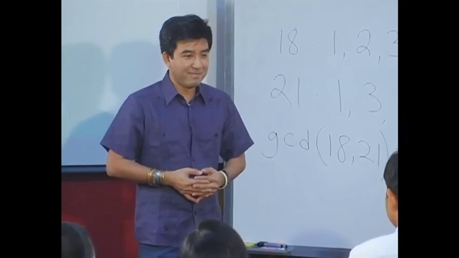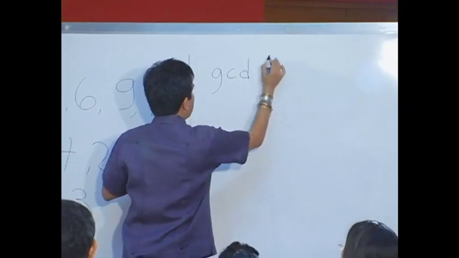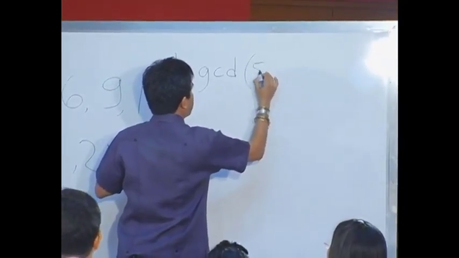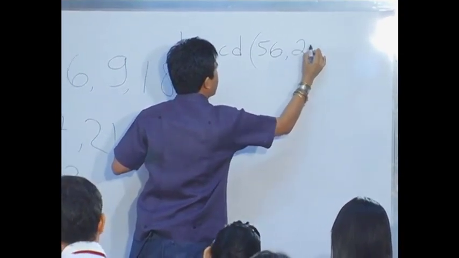Do you remember in grade school, how do we compute the GCD of two numbers? By listing, yes. How do we compute the GCD? For example, what is the GCD of 56 and let's say 27?